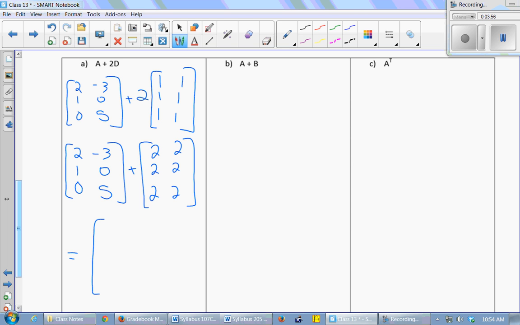It's not defined unless they have exactly the same dimensions. So we add up the upper left and the upper left, the middle left and the middle left, lower left, and then we add the second columns. So I get negative 1, 2, 7.